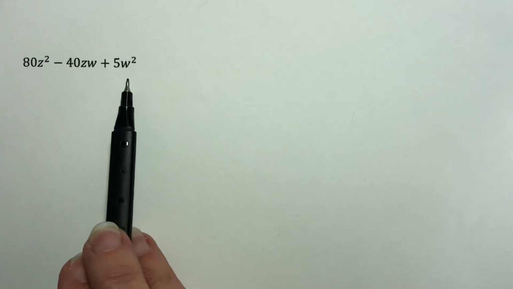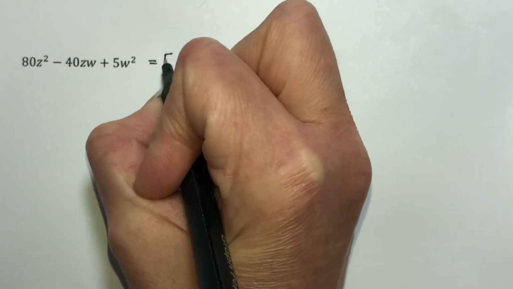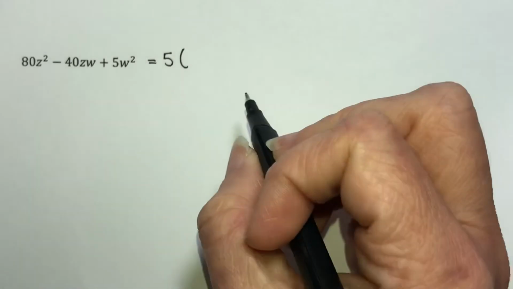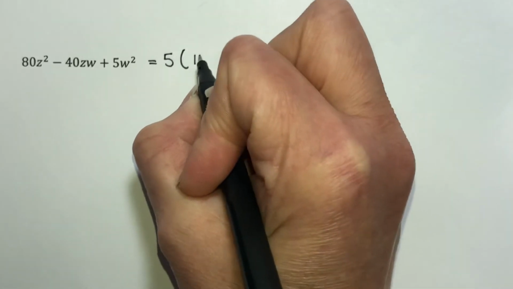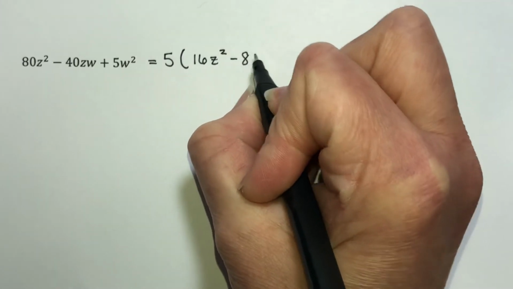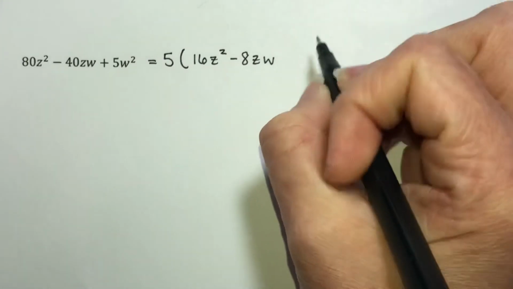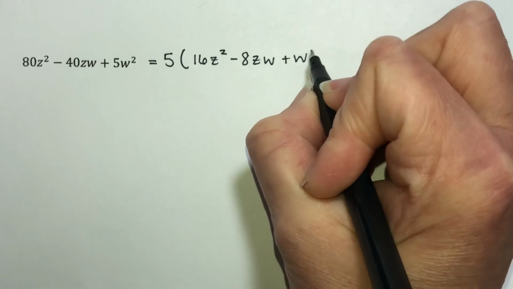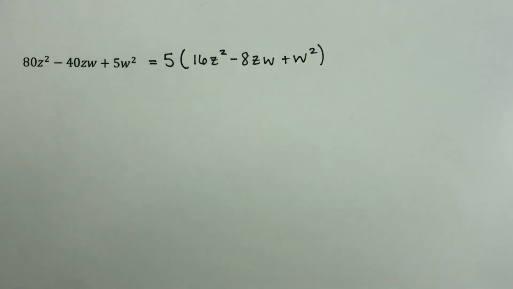But I notice my numbers end in 0s and 5, so I can factor out a 5. My GCF is 5. When I factor that out, I get 16z squared minus 8zw plus w squared. Now I had to do that much no matter what.